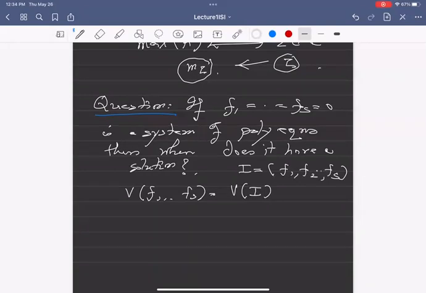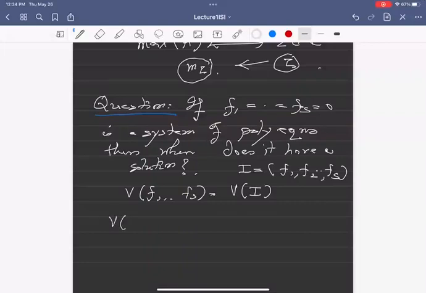Some maximal ideal of C[x1, x2, ..., xn]. So what is the condition on I so that there is a solution? I needs to be a proper ideal. It must be contained in a maximal ideal. So that is the answer.